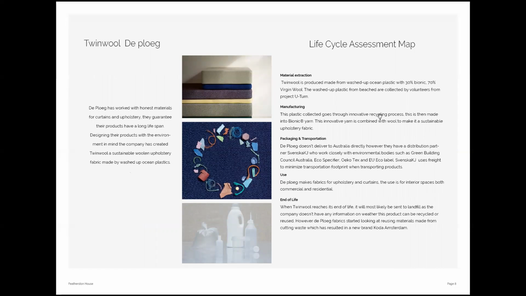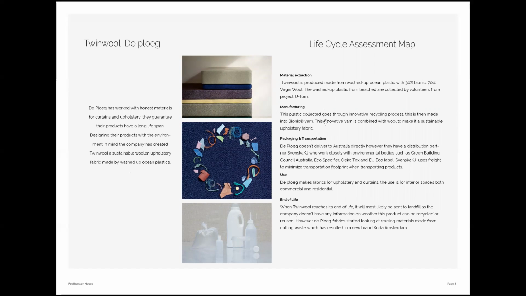So for this twin wool, their material is collected from washed up plastics found on beaches, and it's made out of 30% of the bionic yarn, which is this innovative yarn, and then the 70% is virgin wool.